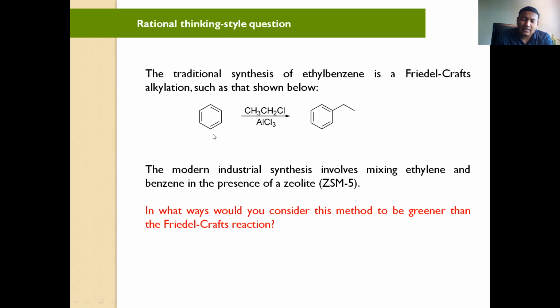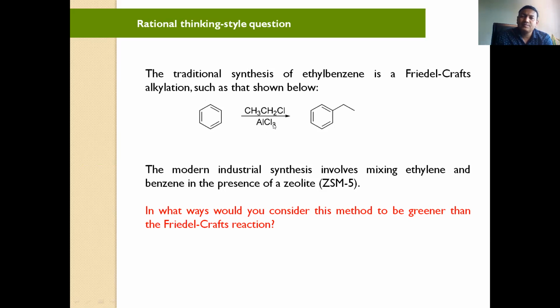In Friedel-Crafts alkylation, what we used to do is take the starting material benzene. Then there is a haloalkane; any haloalkane you can take for the alkylation purpose.